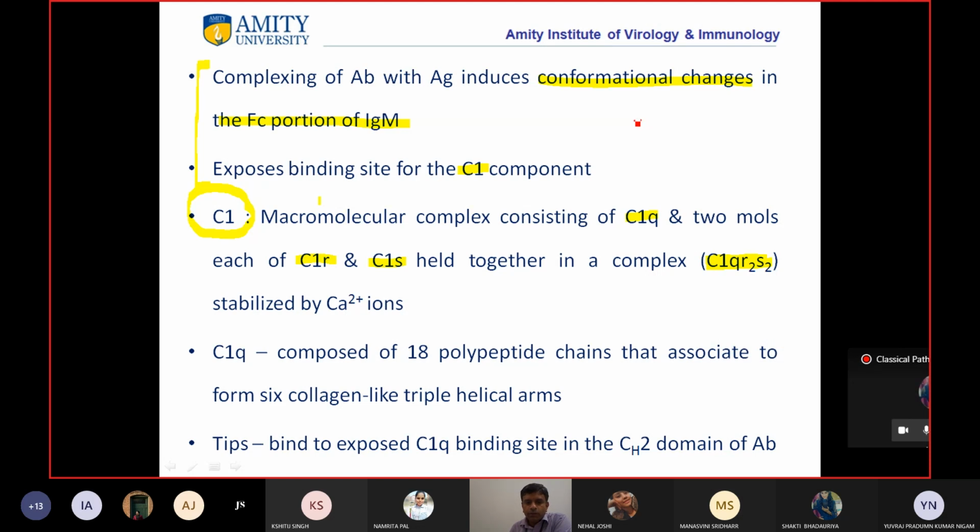We are talking about the C1 protein, and it is composed of one molecule of Q, two molecules of R, so we just need to put 2 here, and 2 molecules of S. So this whole complex means C1.